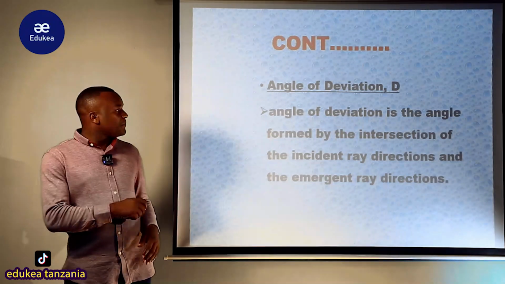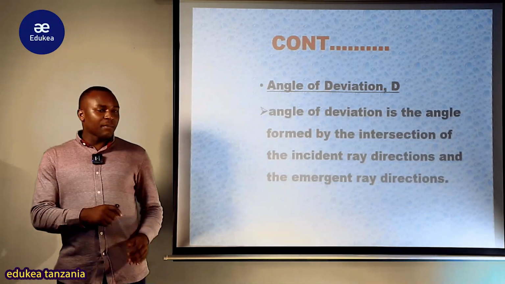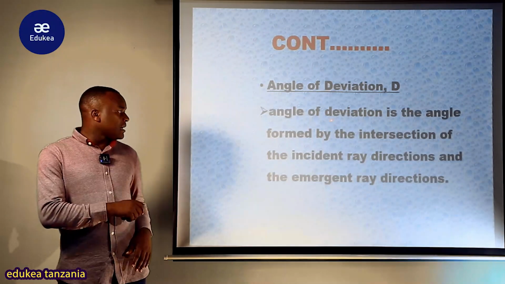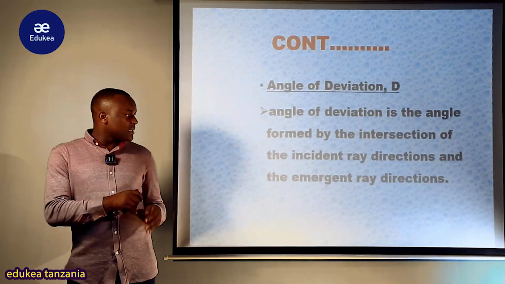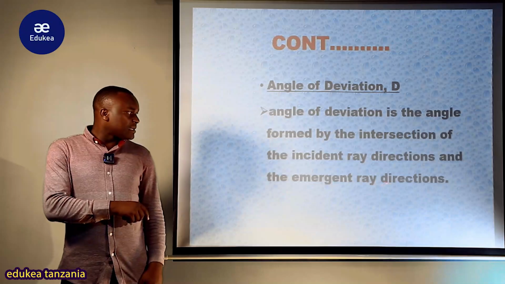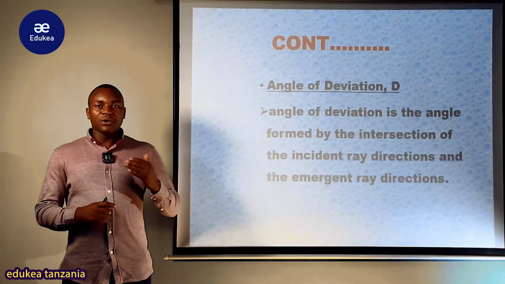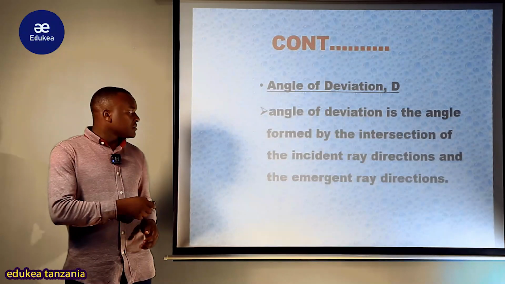Tunasema kwamba angle of deviation ni ile angle ambayo inatokea kutokana na intersection kati ya incident ray direction and emergent ray direction. Ile angle ndo tunaita angle of deviation.